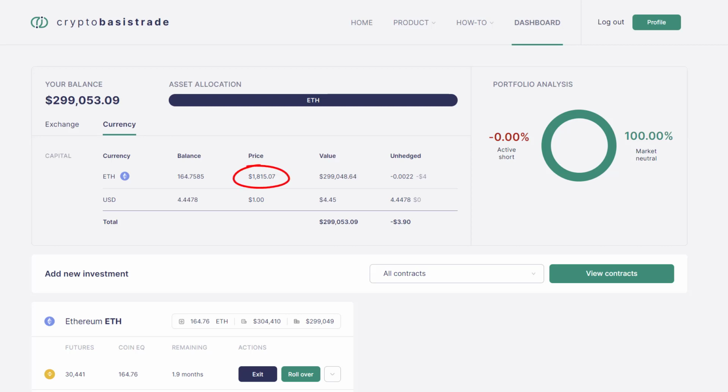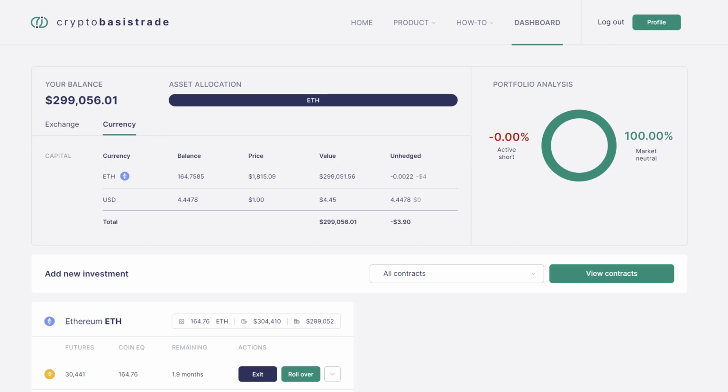The Ether price changes constantly. However, because our portfolio is fully hedged, the move in the Ether price is largely compensated for by the change in the number of spot Ether that we hold. This is because in liquid markets, the futures price tends to follow the spot price. If spot Ether price goes down, the future price goes down as well, generating profit on our short futures position.